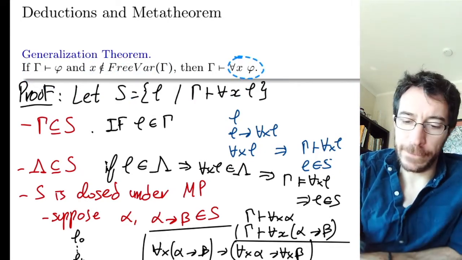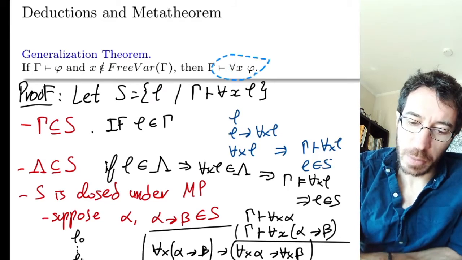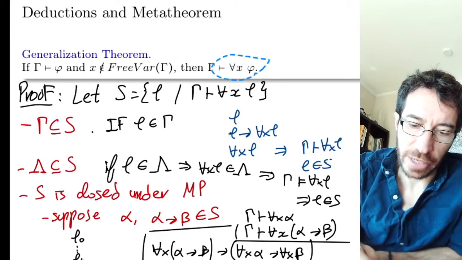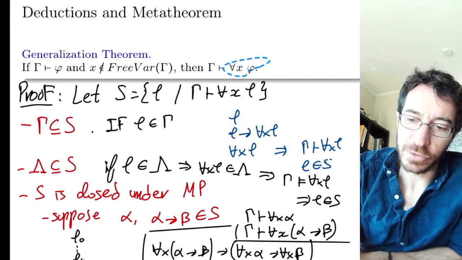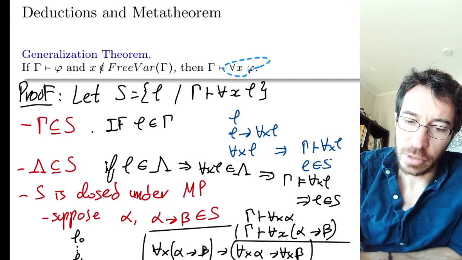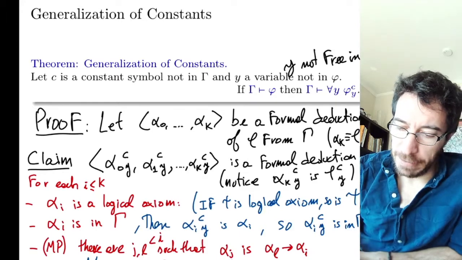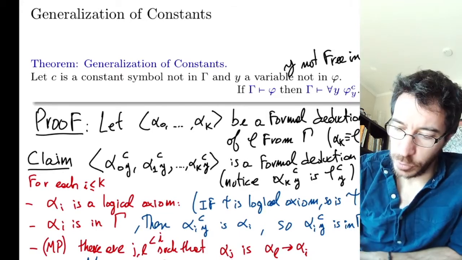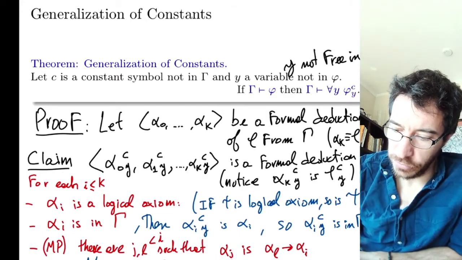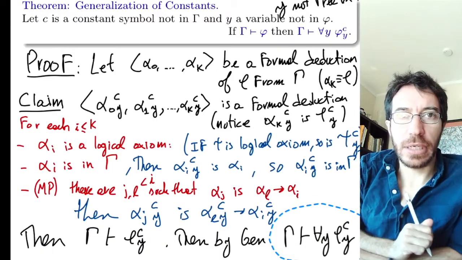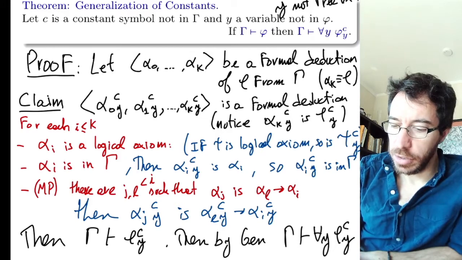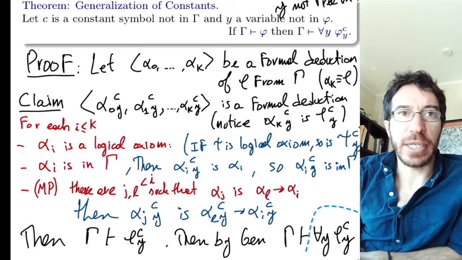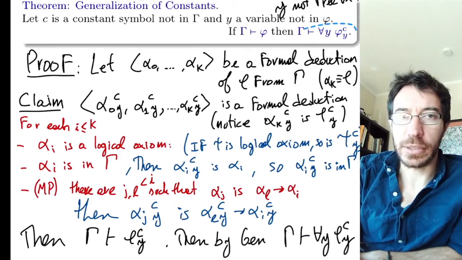Okay, and that was the same idea, because x was not being used in gamma. So if you can prove something about x, you should prove that for every x that's true. We're just doing the difference between constants now. Then by generalization, we get that gamma proves for every y phi with c replaced by y, which is exactly what we want.